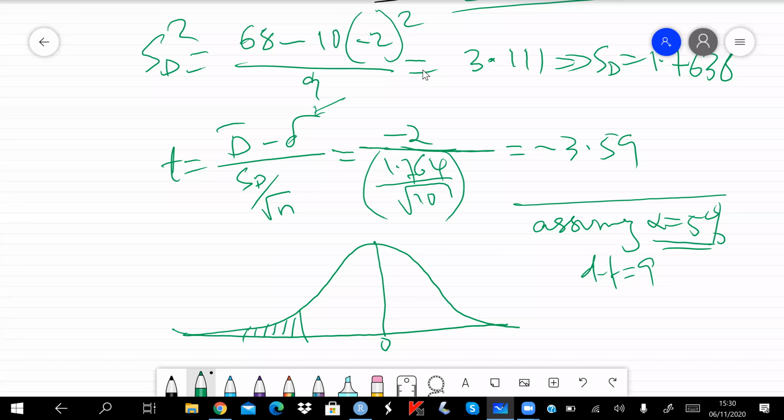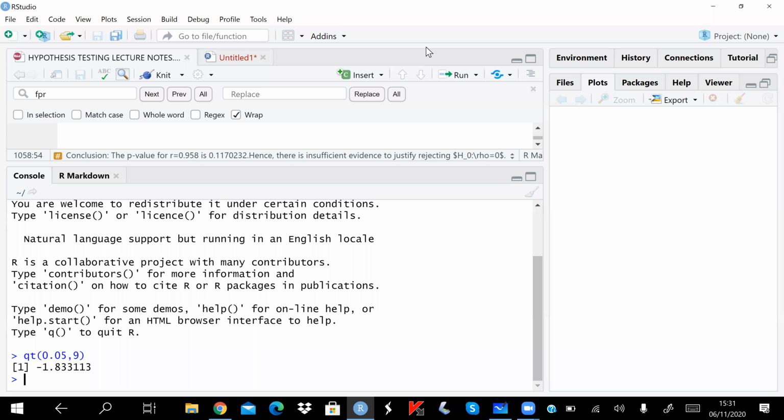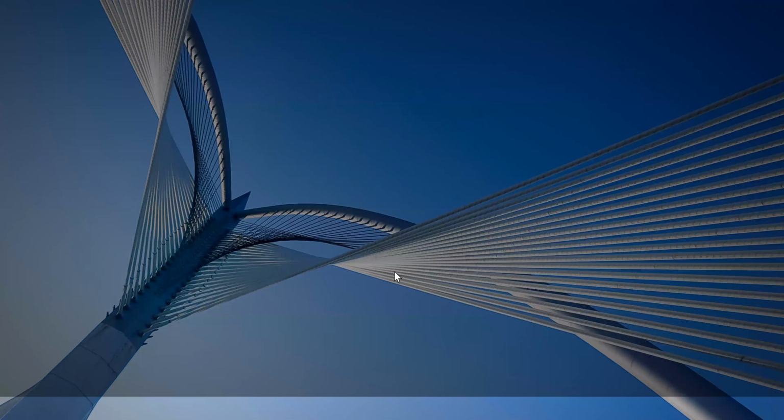We can obtain the critical value from the t distribution tables, but I want to use R to get it very quickly. It will be qt(0.05, 9 degrees of freedom). So the critical value is minus 1.833.